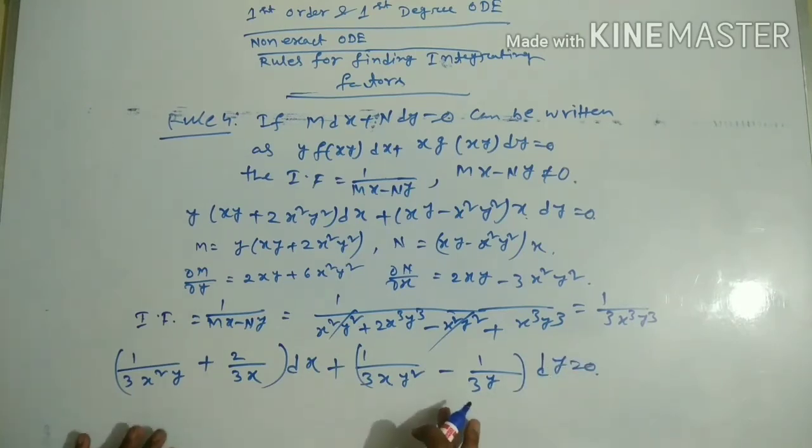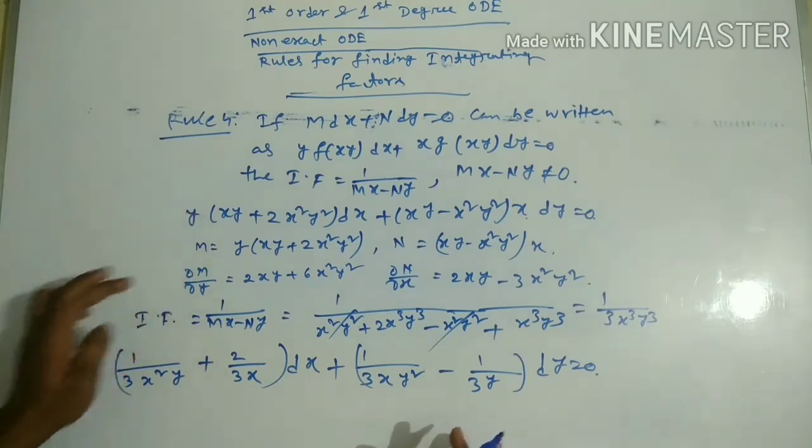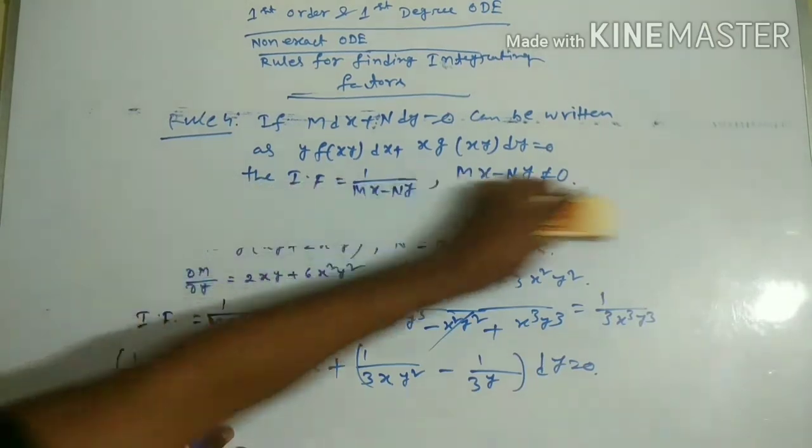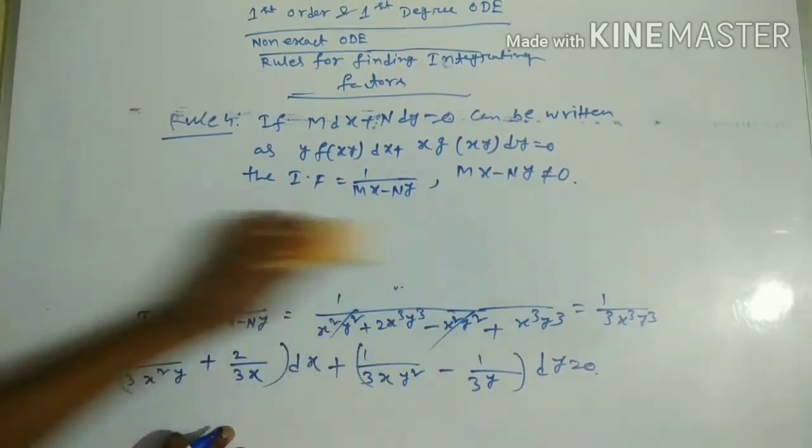Now this equation is an exact equation, since the non-exact equation has been multiplied by the integrating factor, and the result is this. So this must be an exact equation, exact ODE. Obviously, I said equation, I should say ordinary differential equation. Now you know the solution procedure. What we will have to do?